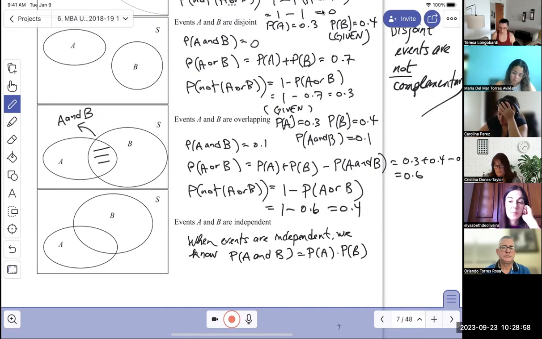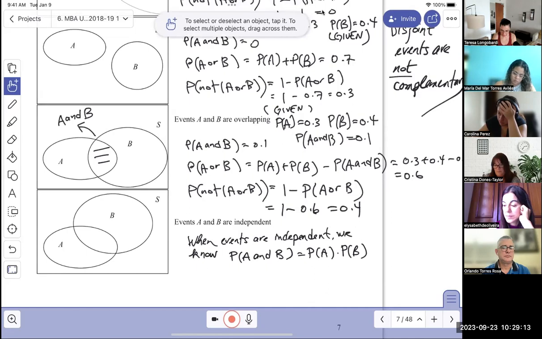So when events are independent, we know what the overlapping piece is. It's just the multiplication of the two events. And the reason for that comes from the conditional, understanding the conditional probability. So I'll explain it like that first.